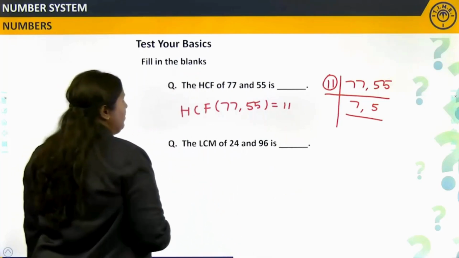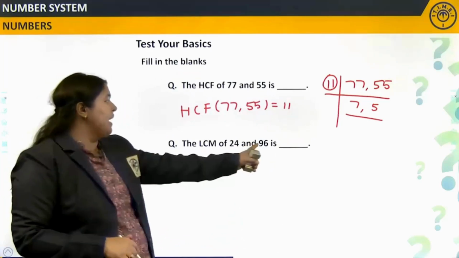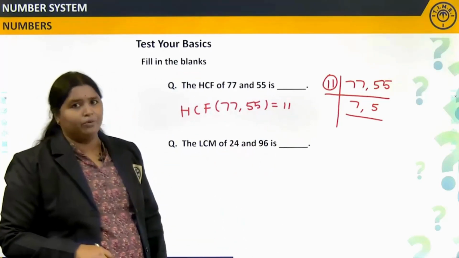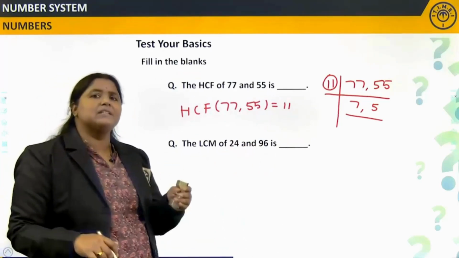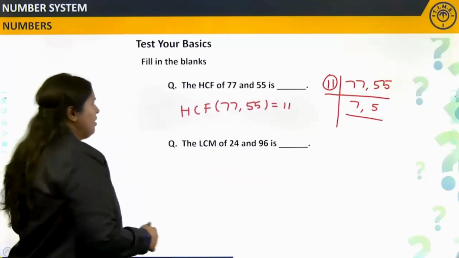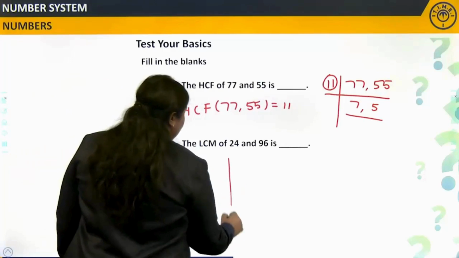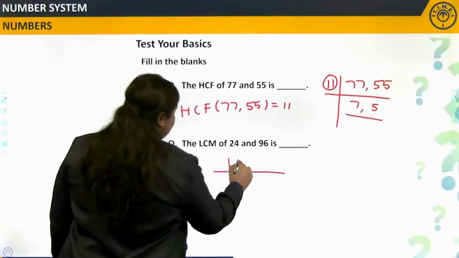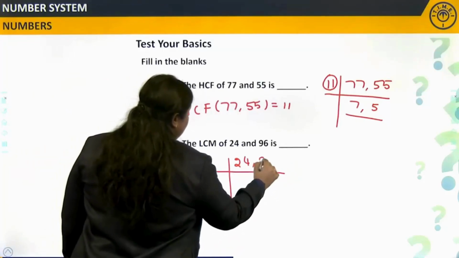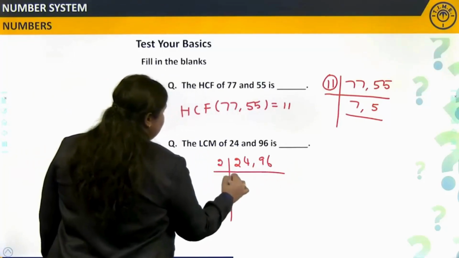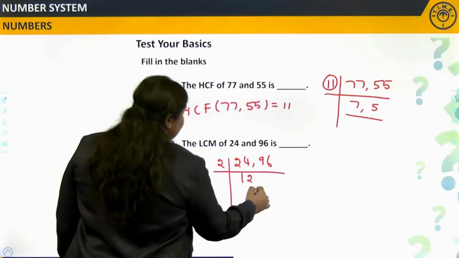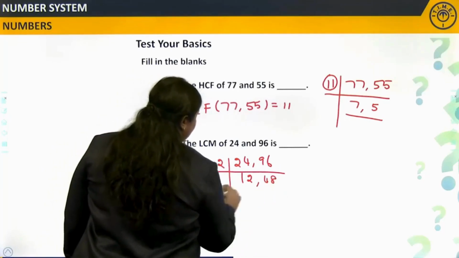Next. Now, coming to LCM. Actually, 96 is a multiple of 24. So, straight away you can say the LCM is 96. Or you can proceed using division method or prime factorization method. So, 24 and 96 both are even numbers. Divide by 2. 12 2s are 24, 48 2s are 96.